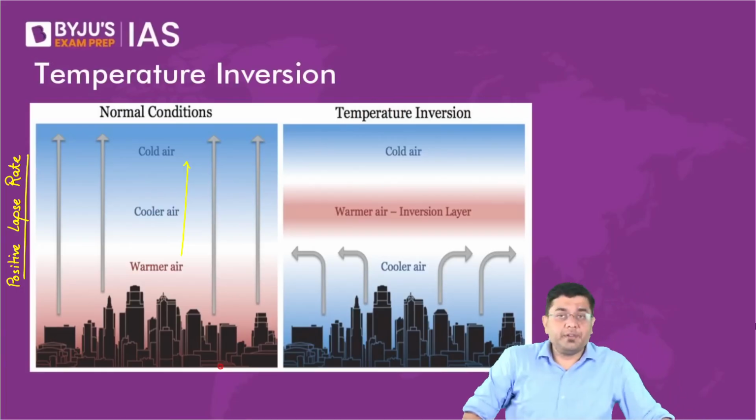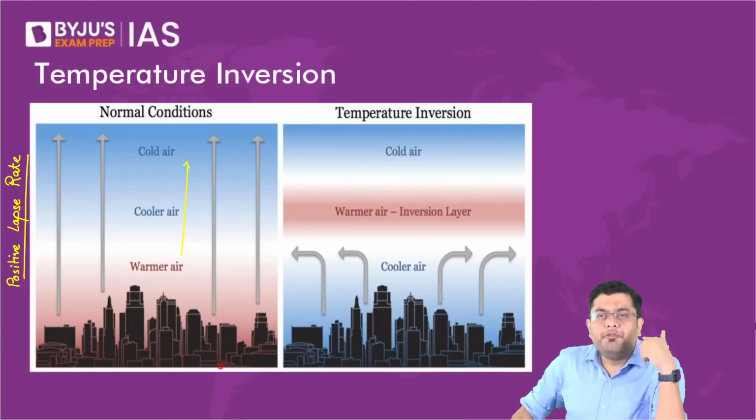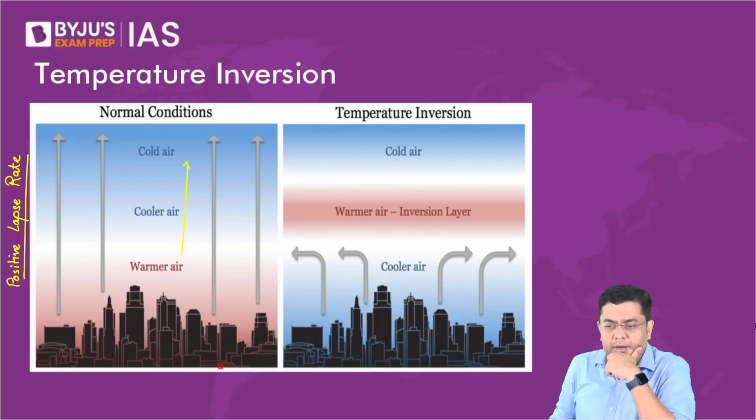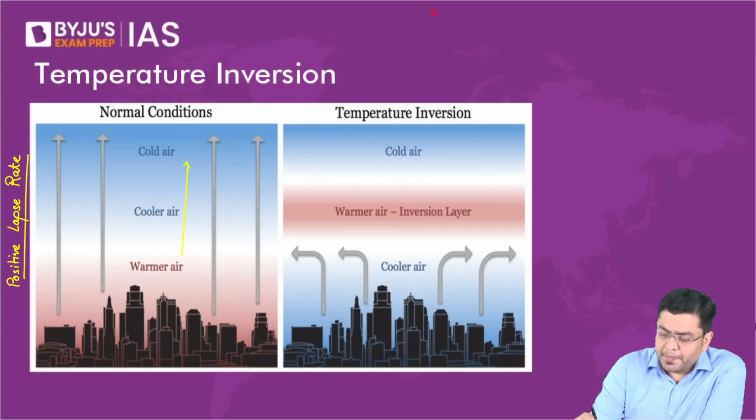So under the positive lapse rate, if I tell you there will be a vertical mixing of air, will that be correct or incorrect? What do you think? Perfect? No doubt in that? It will be correct.